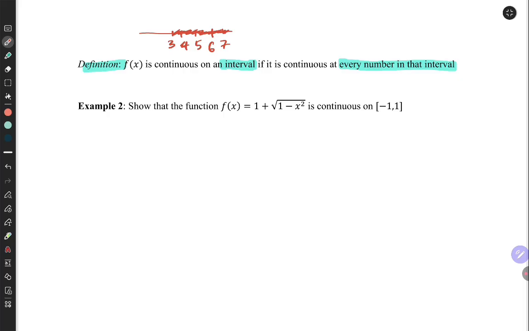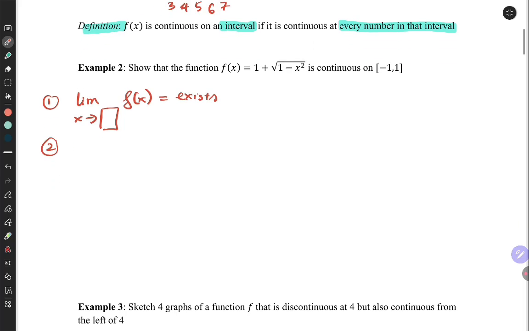Again, 3 conditions, but this time we do it on an interval. First is the limit when x approaches, I'll leave it blank here and come back. Okay, 3 conditions. First, the limit of f of x has to exist.